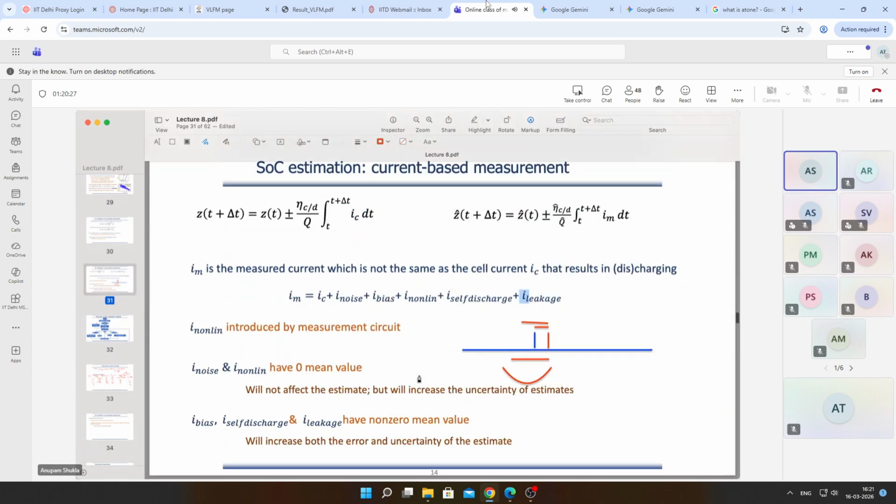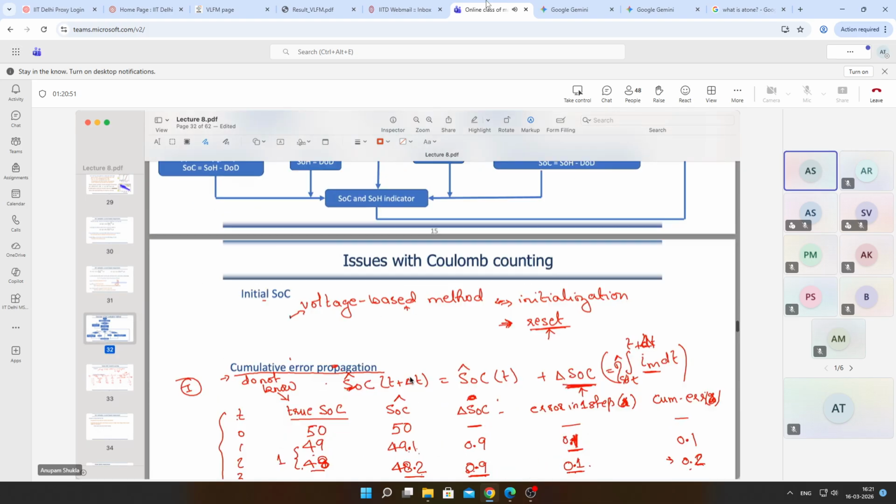When we come to the current-based method, we again primarily are using current measurements. When we are forced to reset or update SOC outside of this method, then we fall back to the voltage-based method. But the problem remains that we do not have any good estimate of inaccuracies and uncertainties associated.